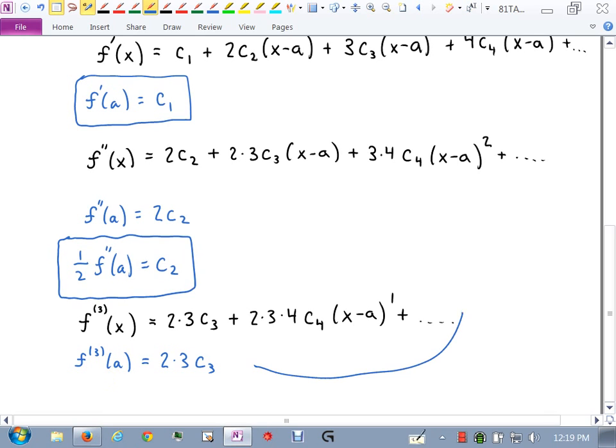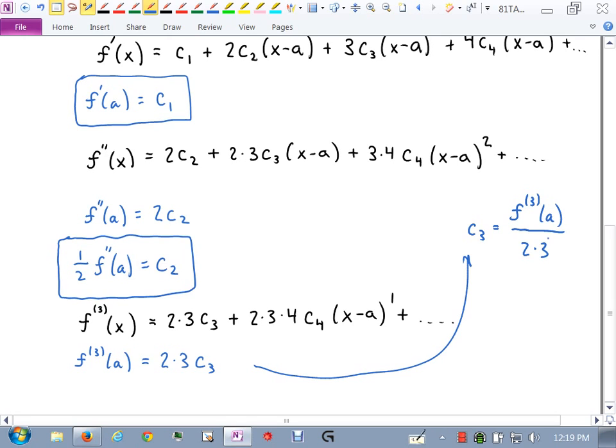So what you're getting here is that C sub 3 is the third derivative evaluated at a over 2 times 3. And what would the next one be? If we're following this pattern, to get C4, it should be the fourth derivative evaluated at a divided by 2 times 3 times 4.